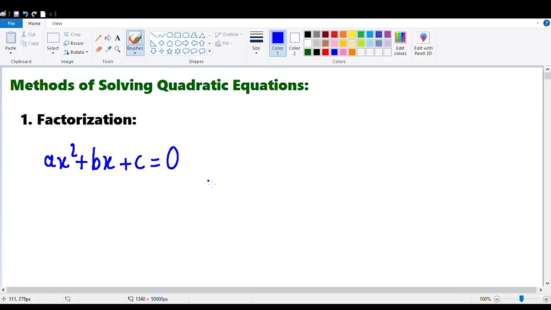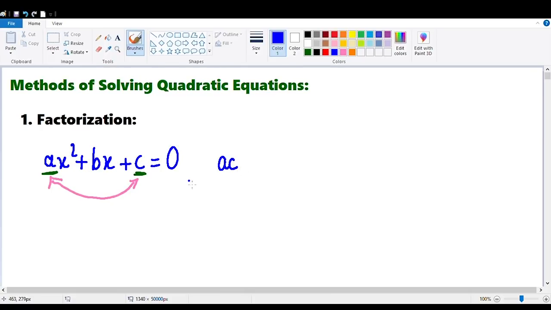So what you gotta do is multiply the coefficient of x squared, which is a, and the constant, which is c, together, and whatever their product is. Since we're just multiplying a and c and we don't know their values, I'm just going to write ac.